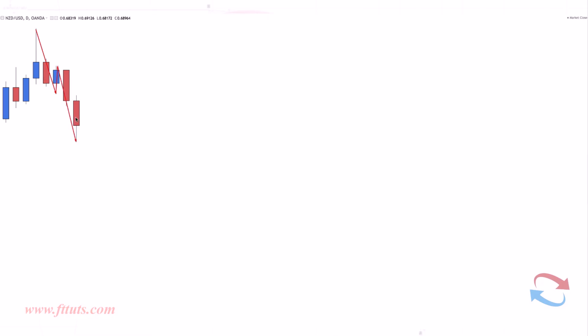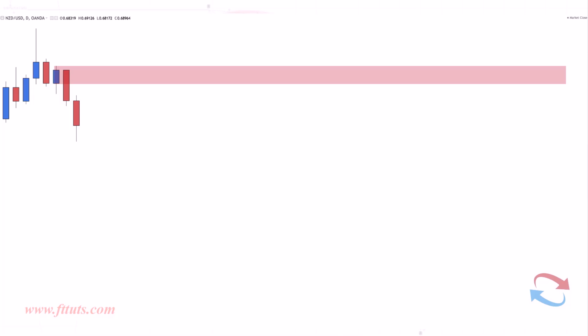So this is our lower high, lower low sequence, and it's also broken below that candlestick there. As we see this lower high, lower low, this area is where we're going to be drawing our demand zone, right? So we get our demand zone right there.